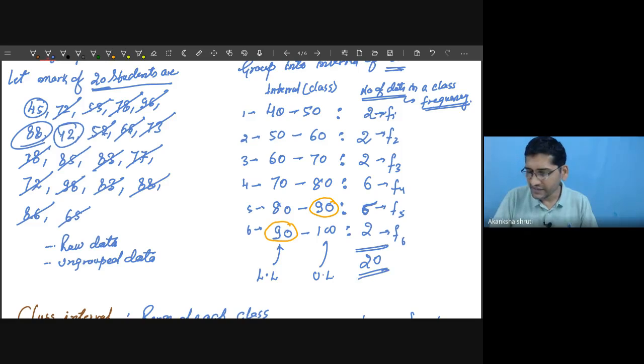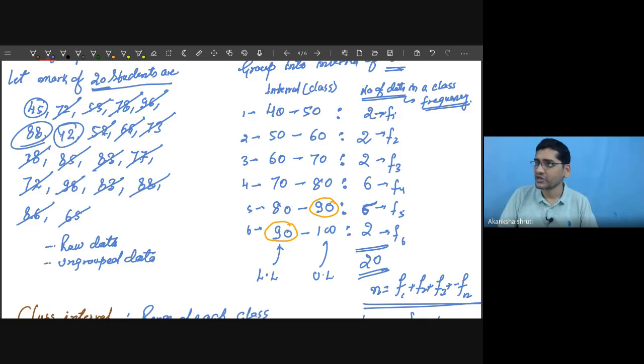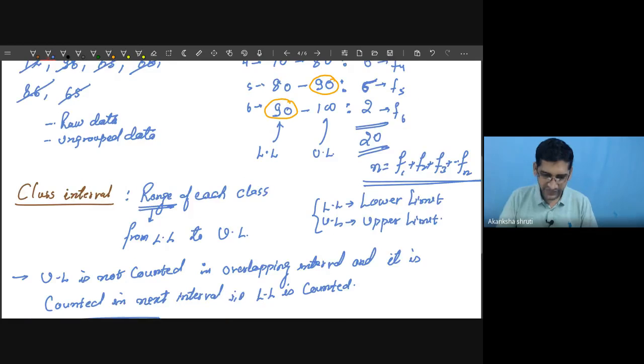So what are we getting? This n is obtained by adding the frequencies: F1 plus F2 plus F3 going on, up to Fn. This is another important thing that we have to keep in mind.